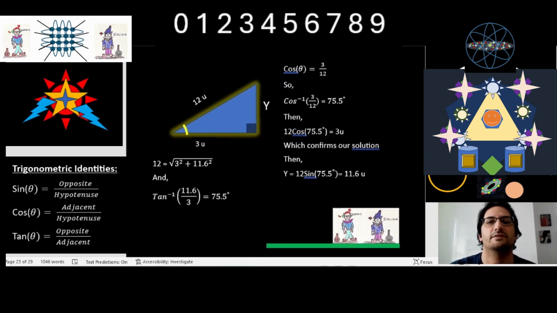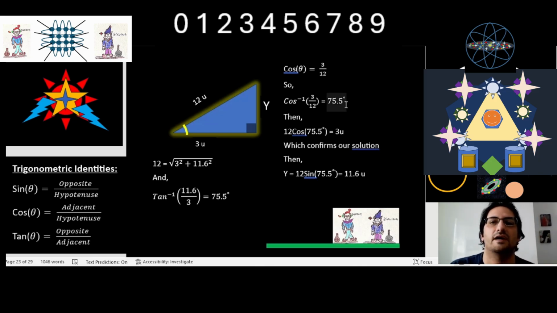Now suppose we have this third example of a triangle in which we have 12 units for the hypotenuse, 3 units for the adjacent side, and y is the opposite side to this angle. So cosine of theta will give you 3 over 12. Now, we can do inverse cosine of 3 over 12 to get theta, because the inverse cosine does the opposite of the cosine.